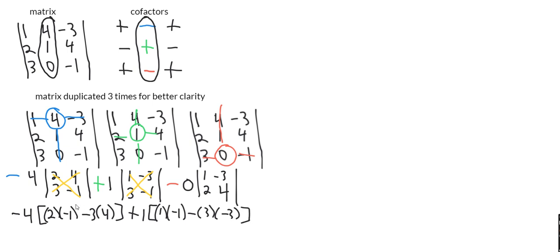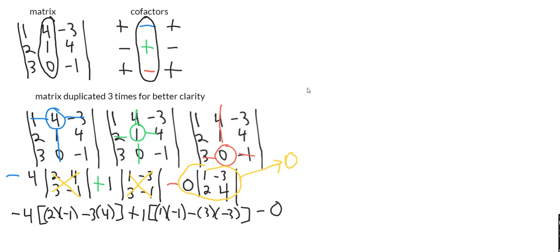And then the last one here, since we have a 0 out front, this one is just going to be 0. That's just equal to 0. Minus 0 is the last one there.